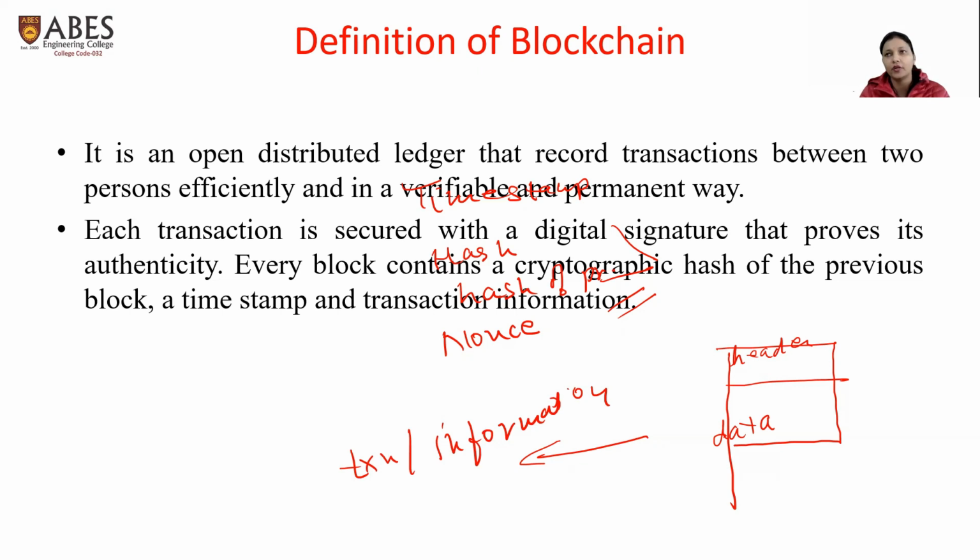For example, if node A transferred some money to B, then A will sign the transaction digitally using its own private key.